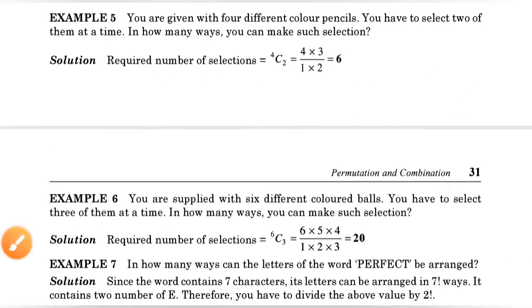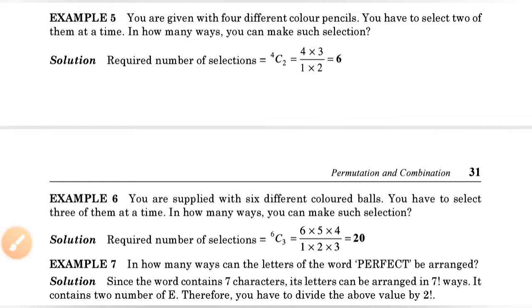Example 5. In this problem, we are given 4 different color pencils. You have to select 2 of them at a time. In how many ways can you make such a selection? Now in this problem, the word selection has been used. There are a total of 4 different color pencils, and we have to select 2 of them at a time.